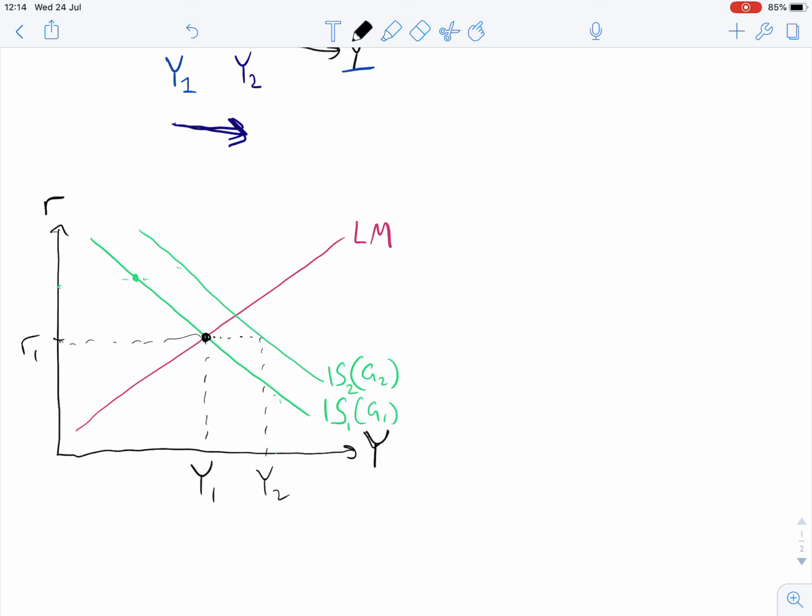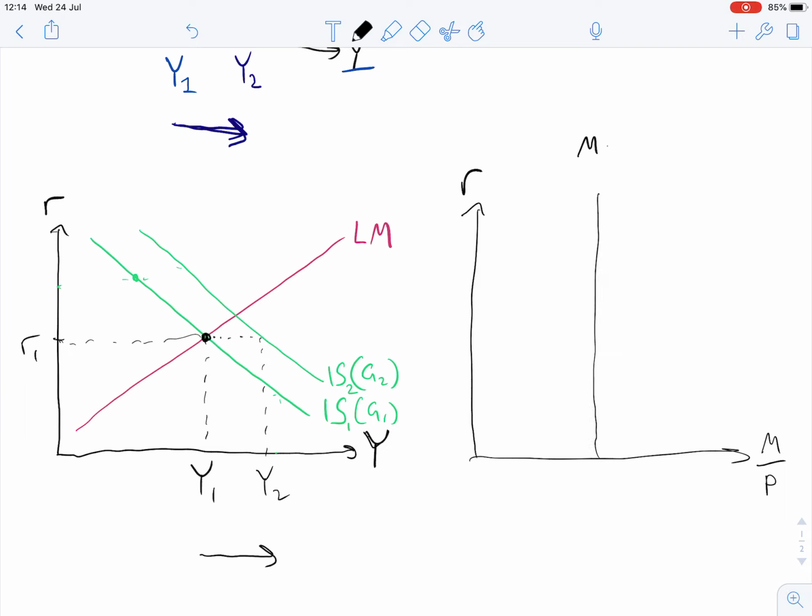But we know from the IS-LM model that as we have an upward pressure on short-run output, we also have upward pressure on interest rates. The upward pressure on interest rates comes from the money market. Maybe I'll quickly draw that, just to remind ourselves what's going on. In the money market, we have real balances, we have money supply in real terms, and we have money demand in real terms.